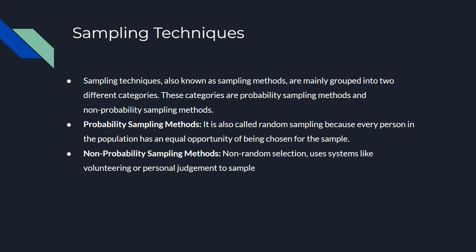Every single nut or bolt in that 100 produced has an equal chance of being chosen. Whereas if it was non-probability, you're using non-random selection, like volunteering or personal judgment of the sampler to actually look at these things. The probability method is a lot more reliable, but it's much more expensive to actually do. Whereas the non-probability methods are not quite as good at figuring that kind of thing out, but they're a lot cheaper.